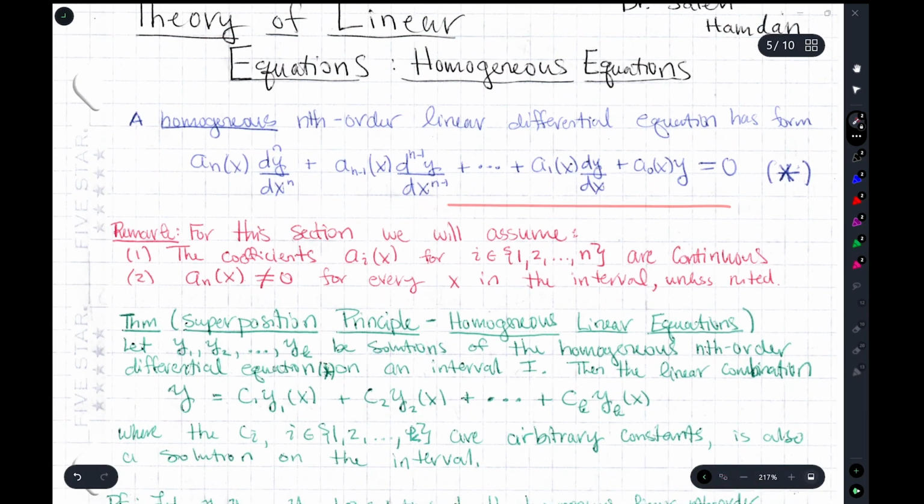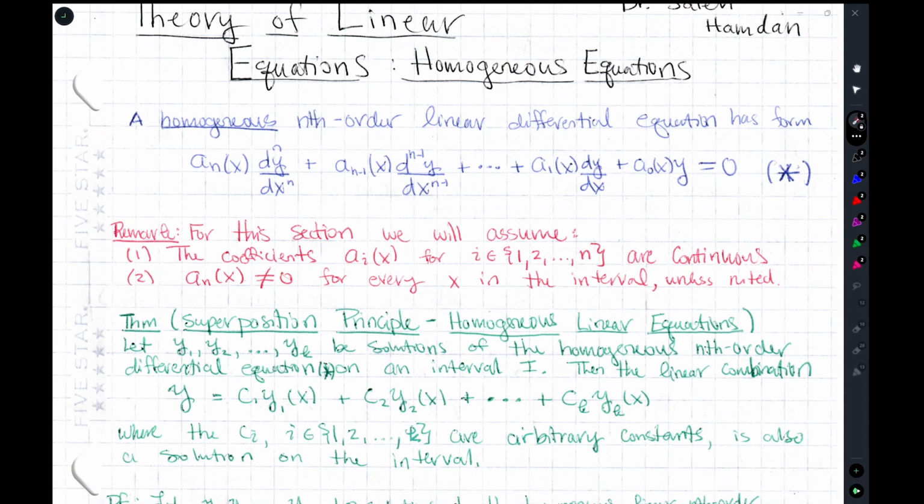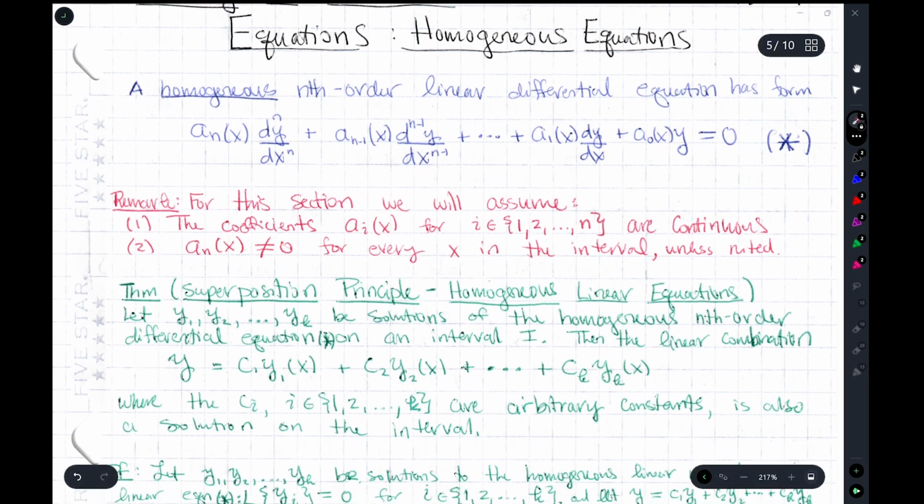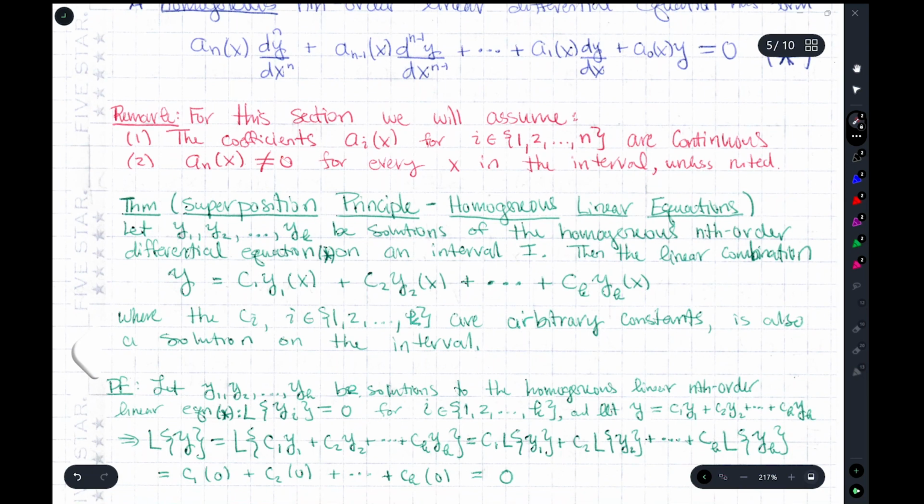Okay, so suppose you get k different solutions for this differential equation on an interval I. And of course, we make these assumptions. Then the linear combination that you see here, where the ci are constants or parameters, is also a solution on the interval.